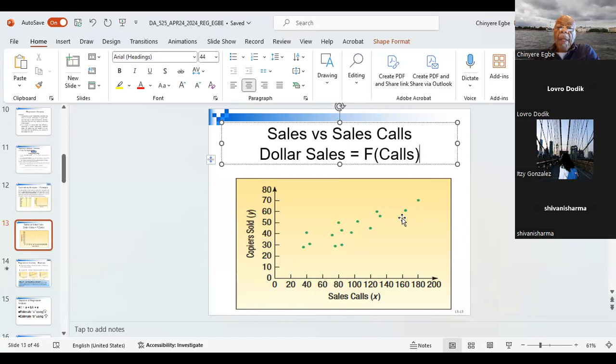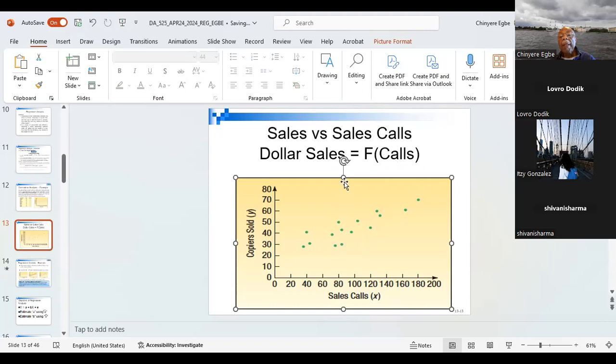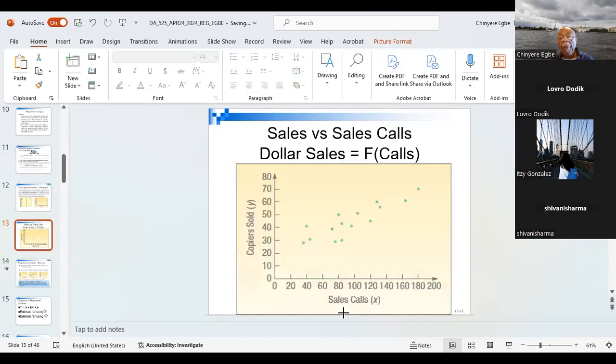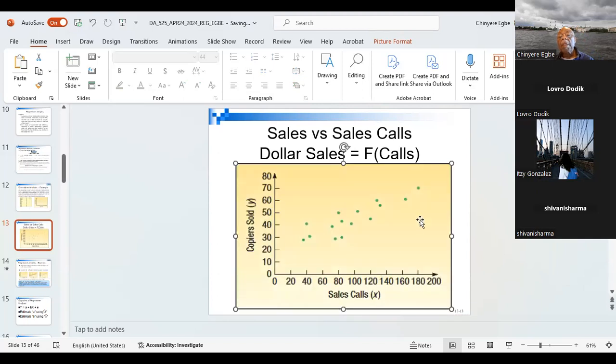That is to say, is there a linear relationship between the amount of sales and the number of calls? As you can see from this chart here, truly there is a linear relationship, a linear correlation, a positive one between sales calls and the amount of sales that are made.